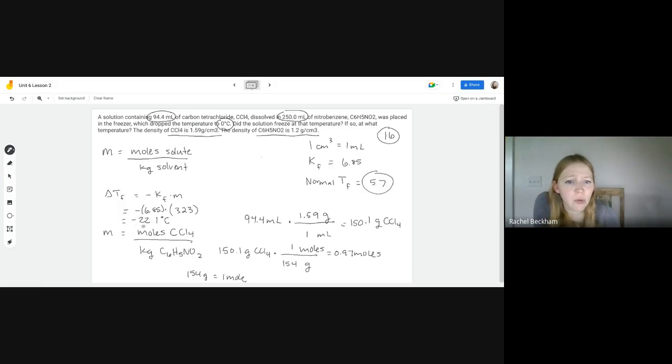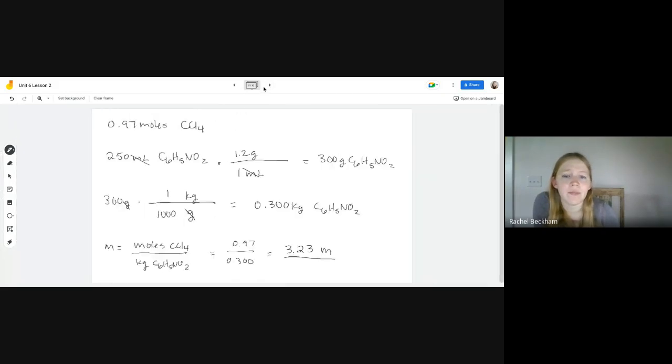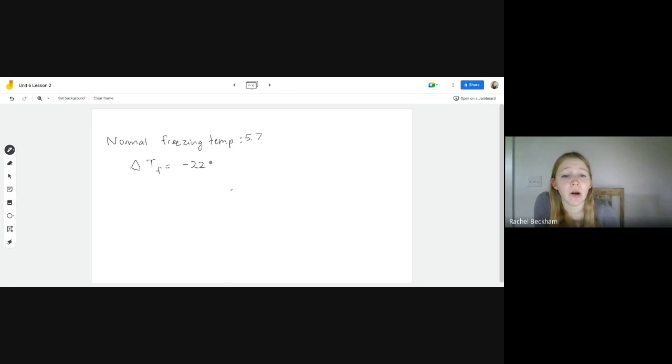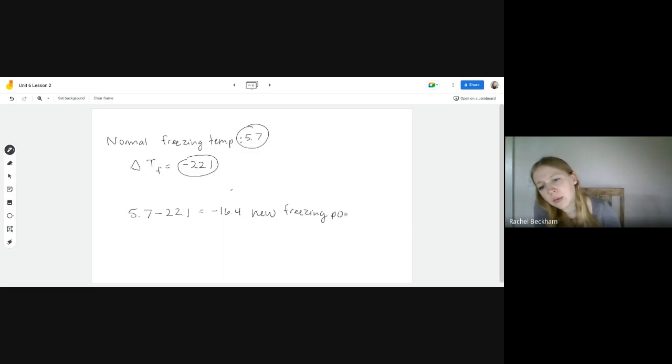Negative 22.1. So normally it freezes here, but it's going to go down by this much. So 5.7 minus 22.1 is what? 5.7 minus 22.1 is negative 16.4. This is our new freezing point.